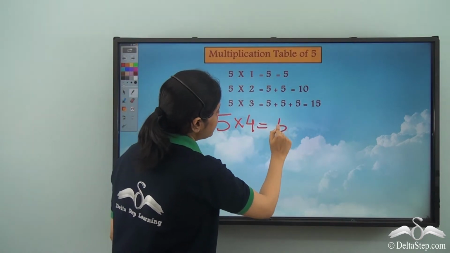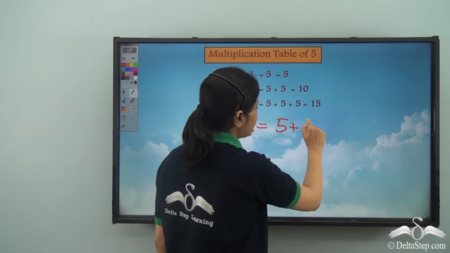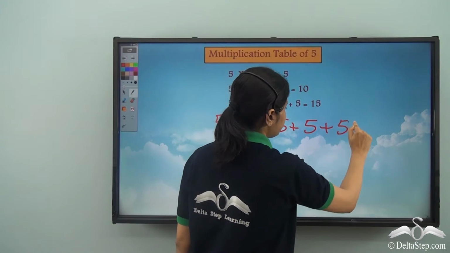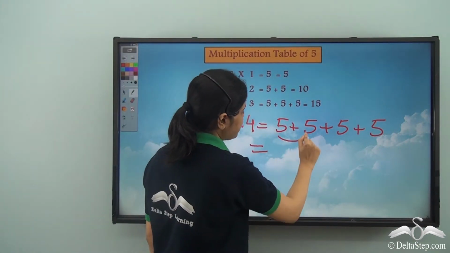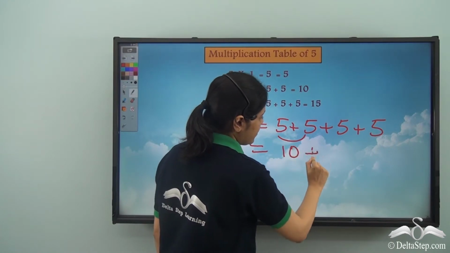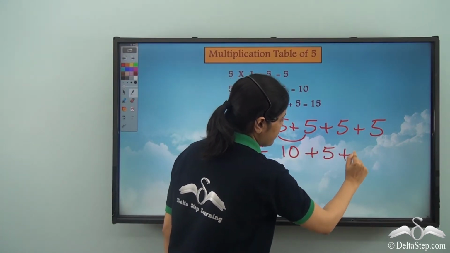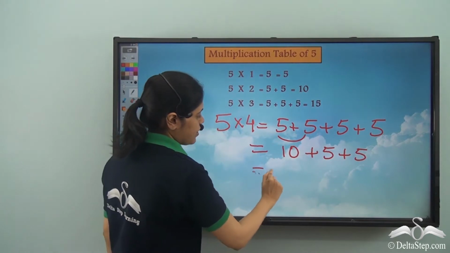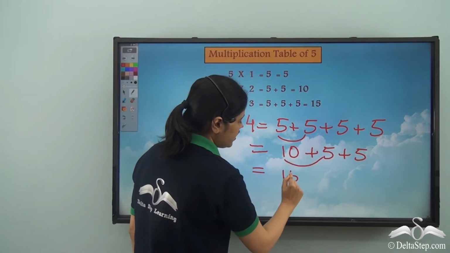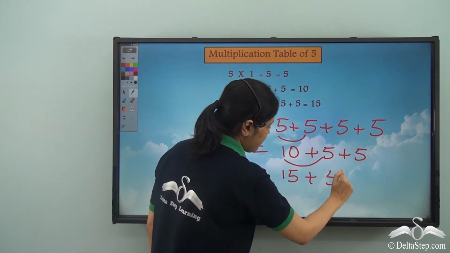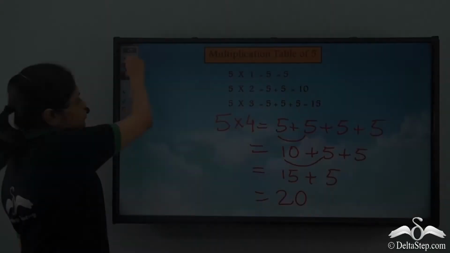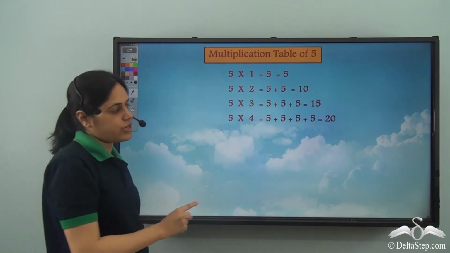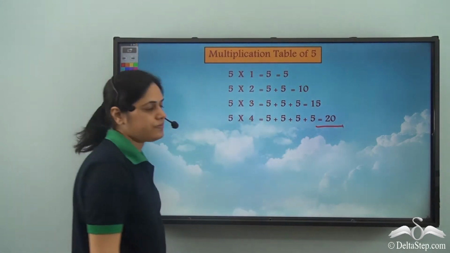For that I need to add 5 4 times. So 5 plus 5 is 10, plus 5 plus 5. 10 plus 5 is 15, plus 5. 15 plus 5 is 20. So 5 into 4 is 20.